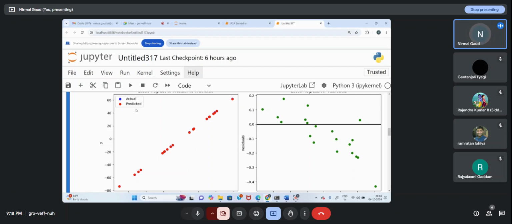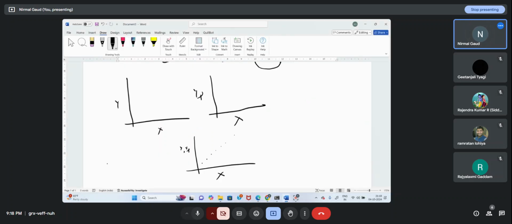So red and blue are overlapping. So I can have a best fit line here. And obviously I have applied the regularization parameter, so there will be no overfitting. This is what I'm getting.